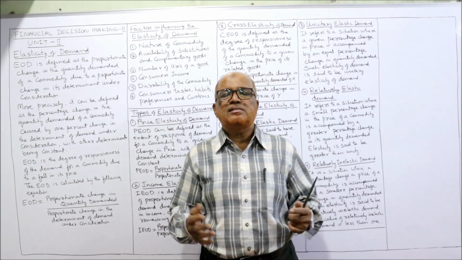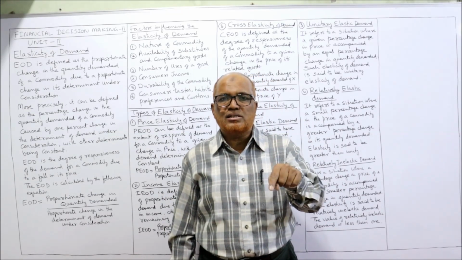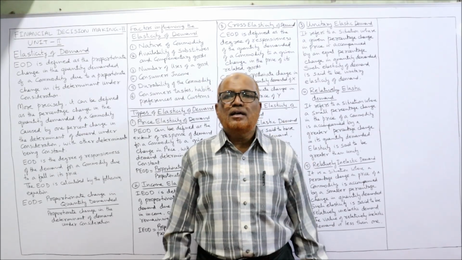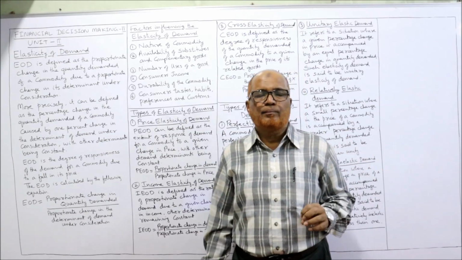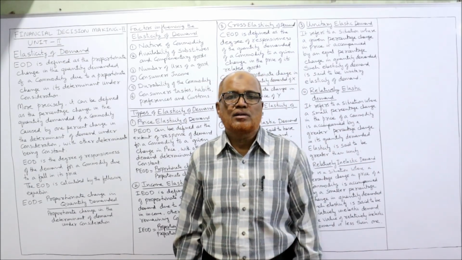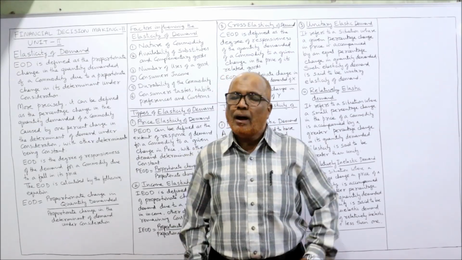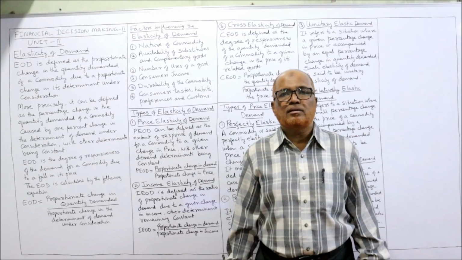And the law of demand says when the price increases, the demand decreases. When the price decreases, demand increases. There is an inverse relationship between price and demand, other things remaining constant. But price is not the only determinant of demand. Apart from price, there are other determinants of demand.